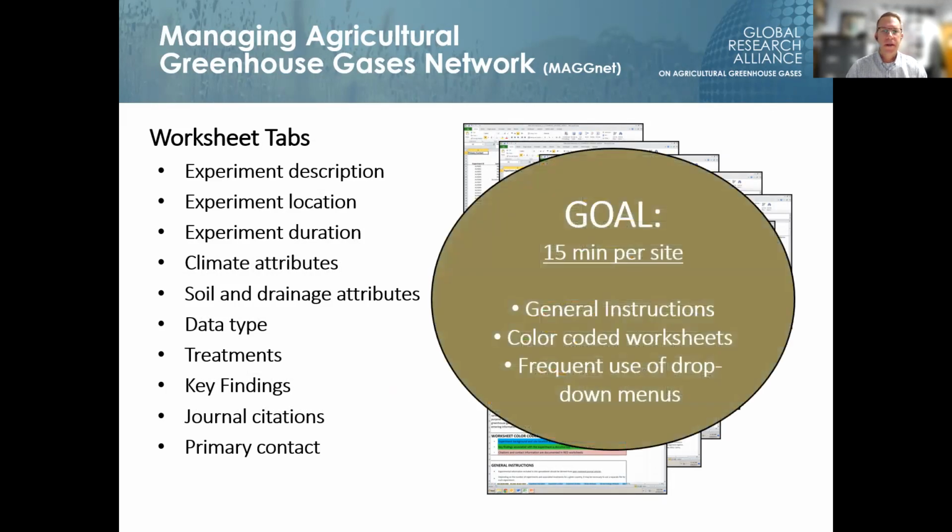The intention is to not make the entry of this information burdensome. So the whole idea is that if you had your published paper in front of you, you wouldn't have to spend more than 15 minutes entering this information. We have fairly clear instructions on how to navigate across the different tabs.